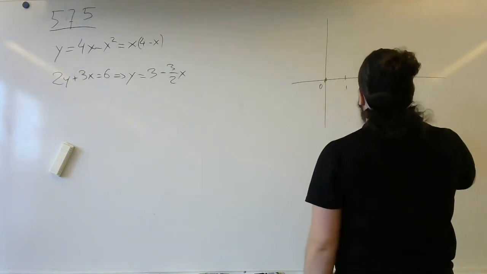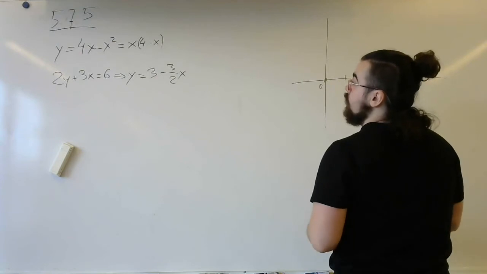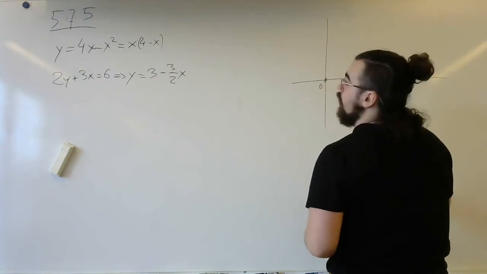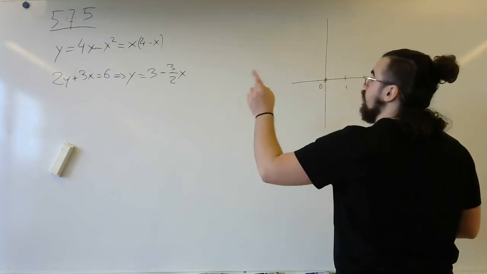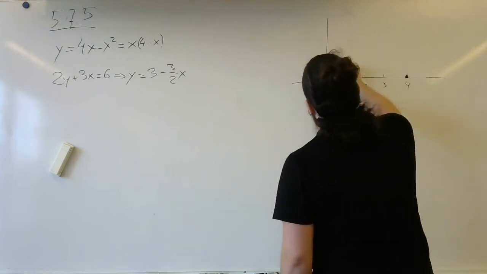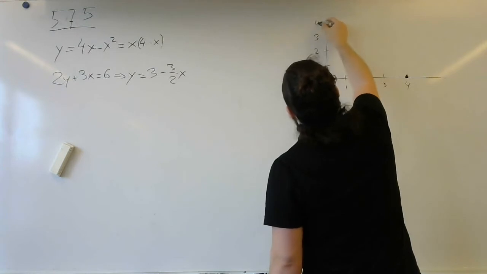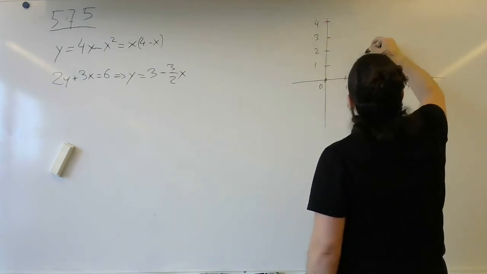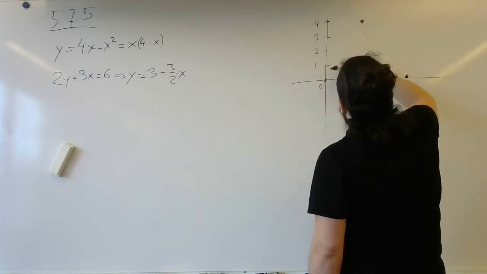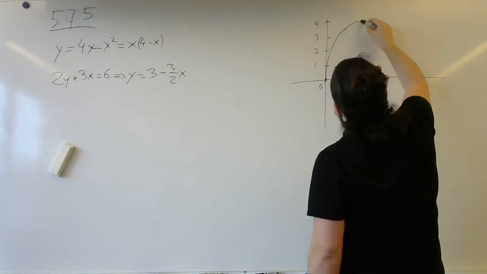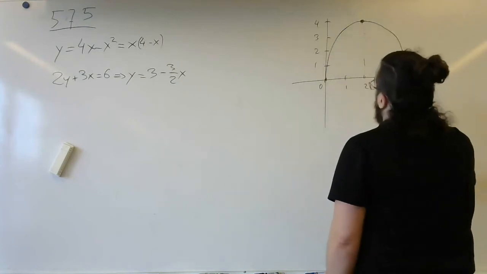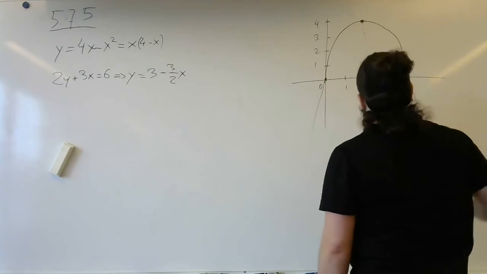It has a maximum at x equals 2, which is 4 as well. No, 4 times 2, 8 minus 4, yes. So it does something like this. Then it goes down.